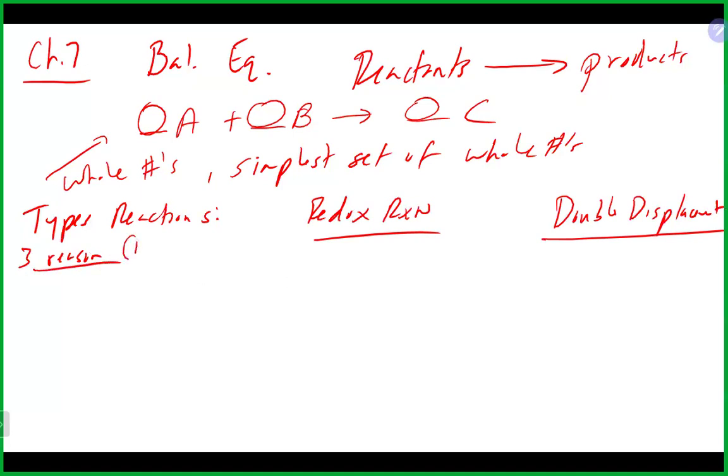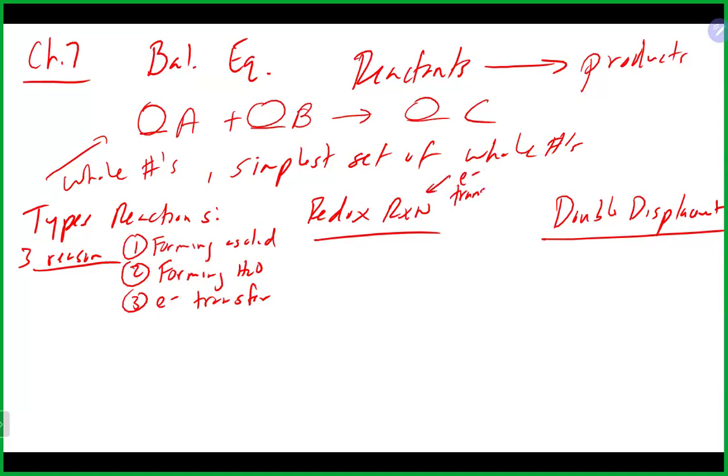As we talked about, it's making a solid or a precipitate, forming water, or electrons being transferred. Electrons being transferred is essentially the whole purpose of redox reactions. It's all about oxidation and reduction.